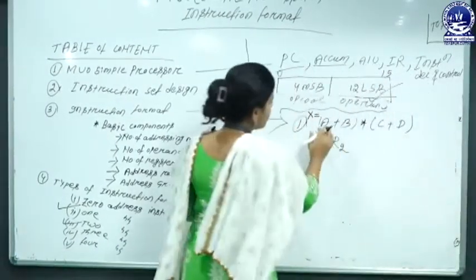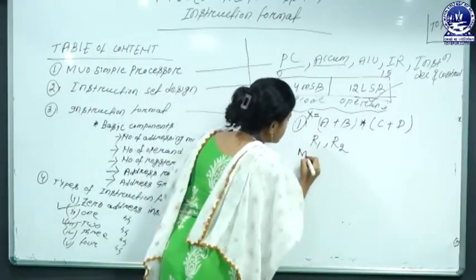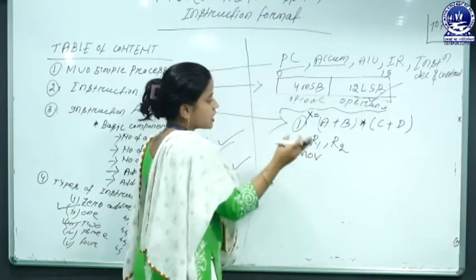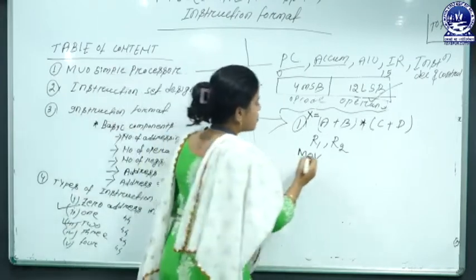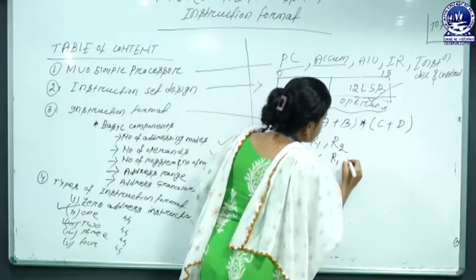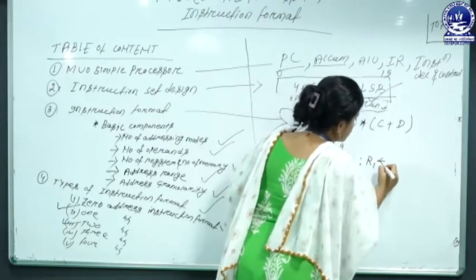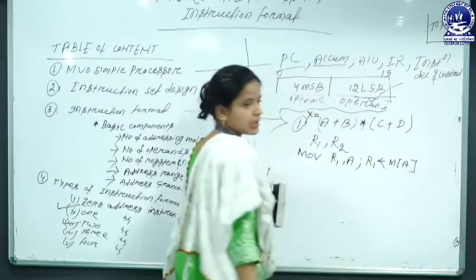First we have to move the first operand into the first register location. So here we have used the move opcode. That means the data is exchanged from one register to another register. So move R1, A, that means here the R1 location stores the data value of the A operand. Clear?